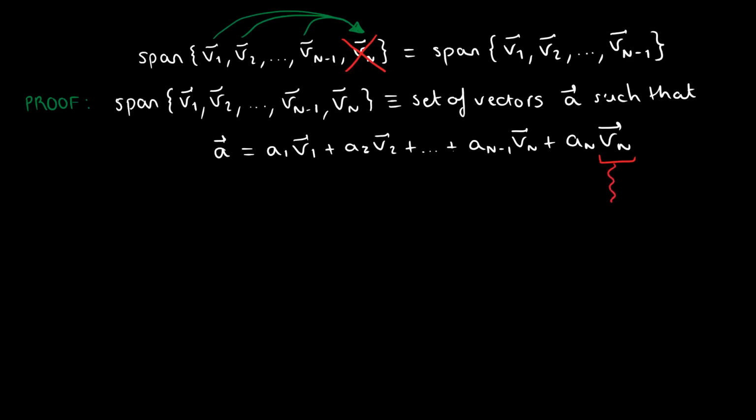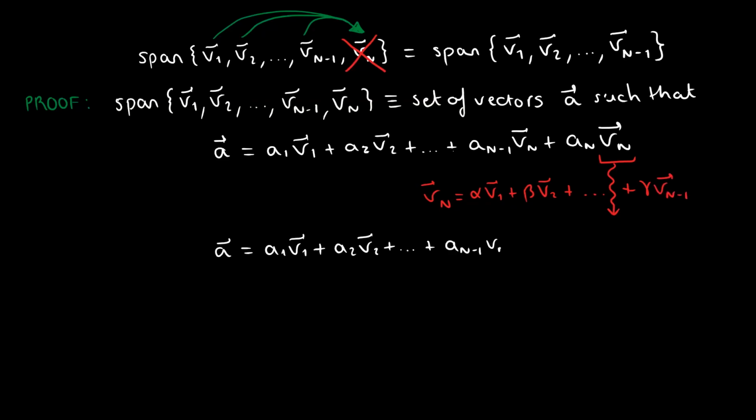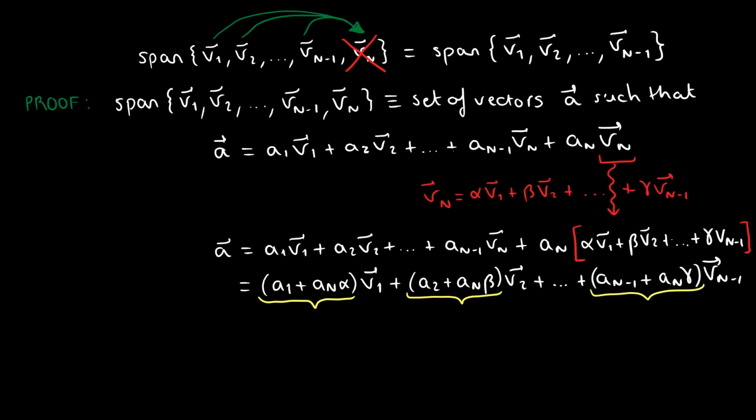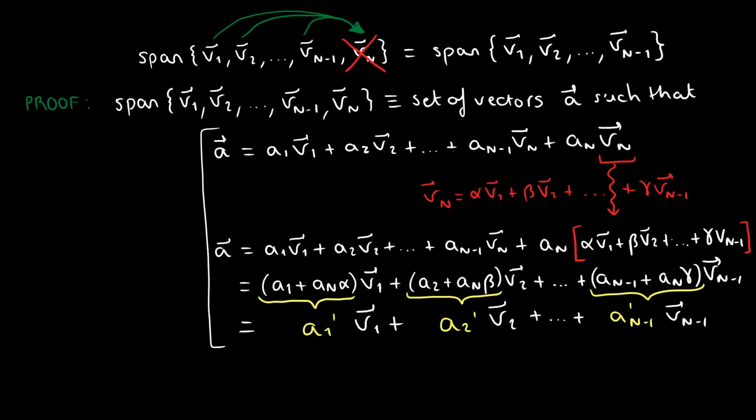Then, substituting the condition that vector vn is linearly dependent on the others, we arrive at the following, which we can rearrange as follows. If we rename these sums of coefficients as a1', a2', and so on, we notice that this is simply a linear combination of vectors v1 up to vn-1, not including vn.